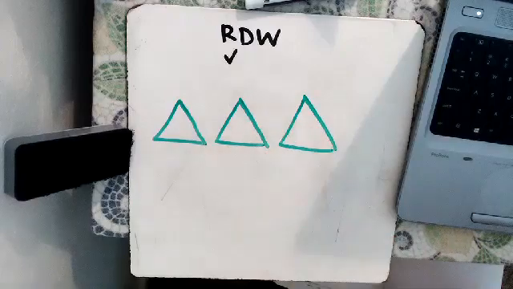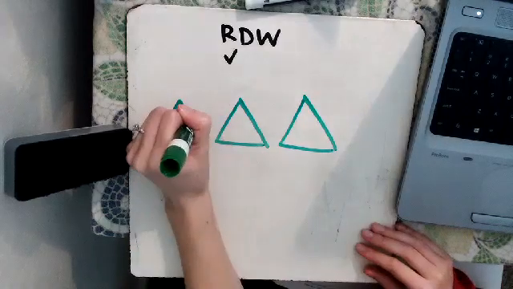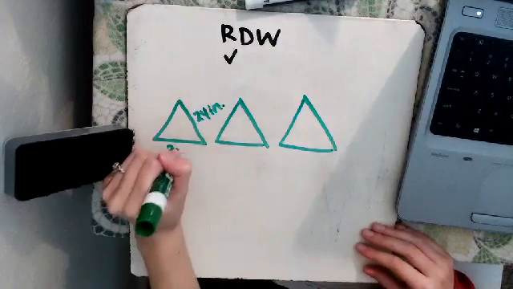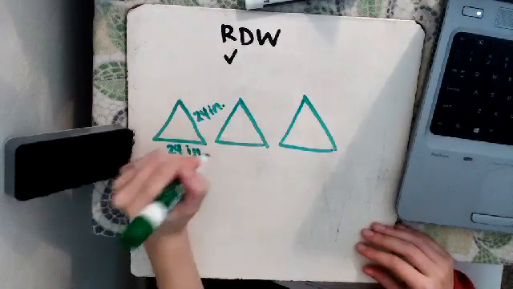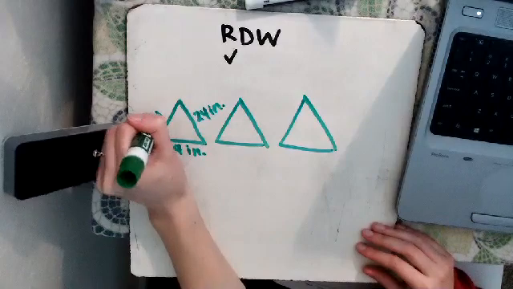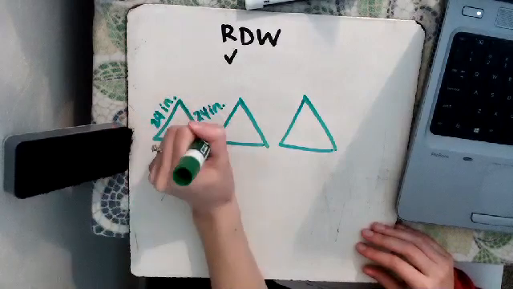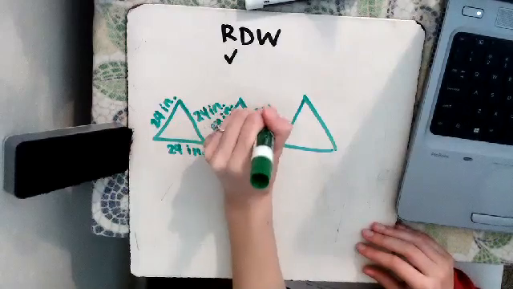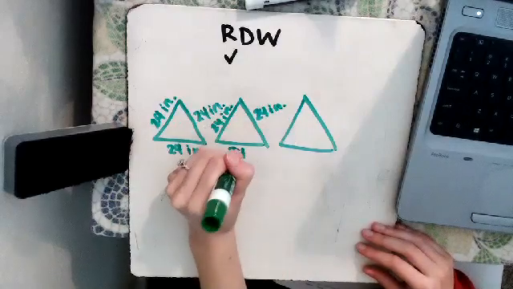No. Okay, and then what does each side length measure? 24 inches. Each side is 24 inches. It tells us that. So it actually gives us all of the side lengths of every single triangle. So get a little picture going there like I did.